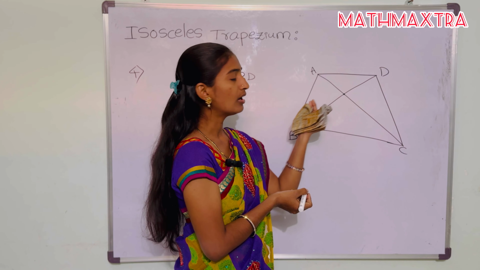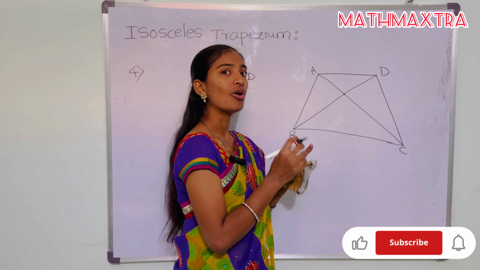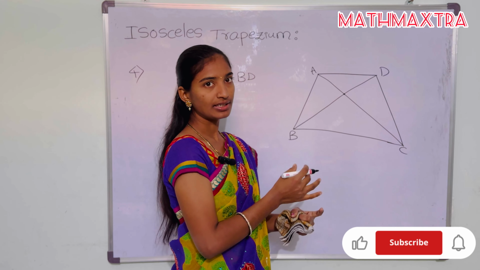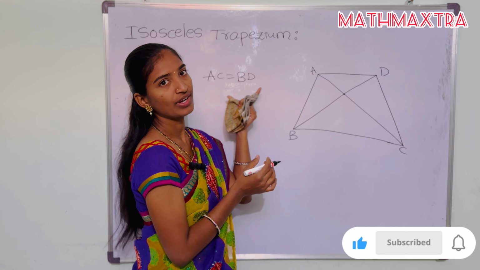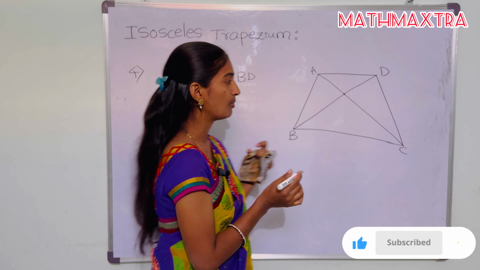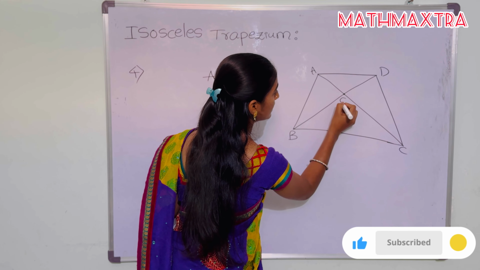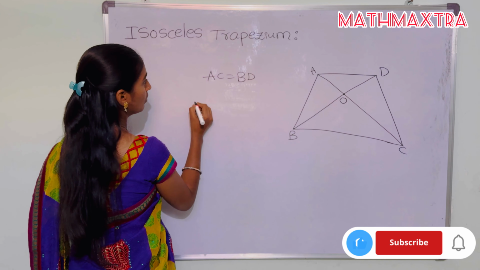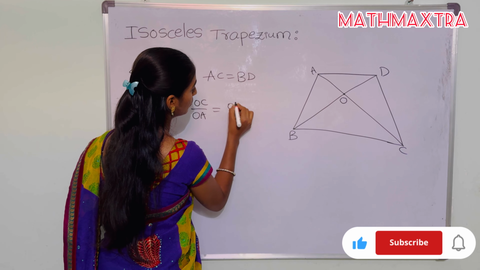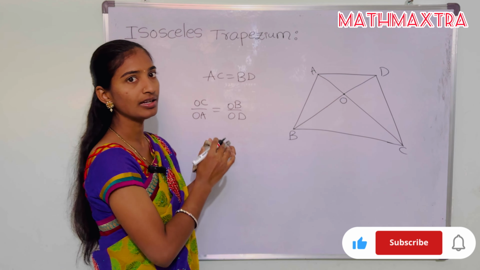We already discussed that in a trapezium, the diagonals always intersect proportionally. Along with that condition, it also satisfies that the lengths of the diagonals are equal in case of an isosceles trapezium. As this intersection point is O, OC by OA is always equal to OB by OD. They intersect in proportion.